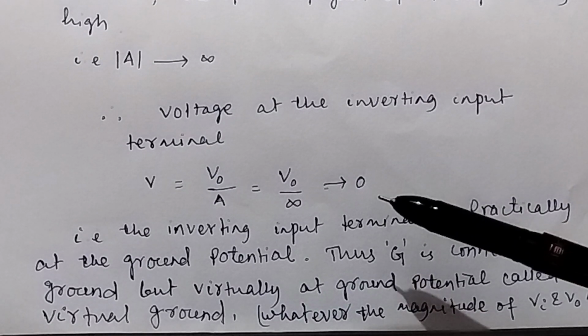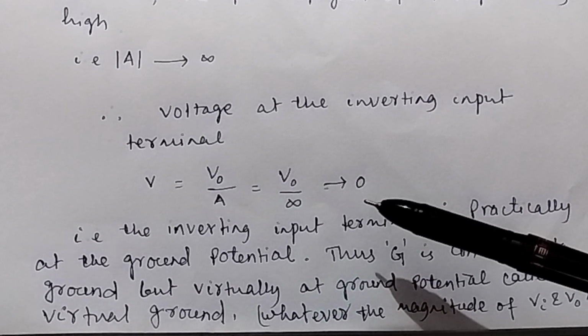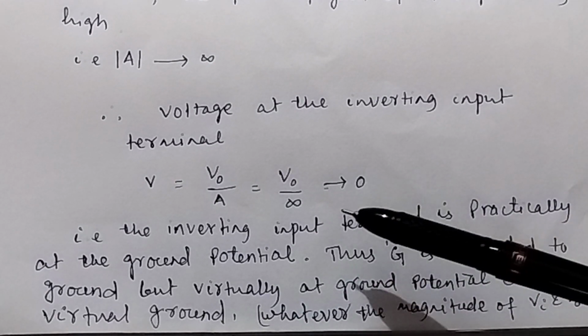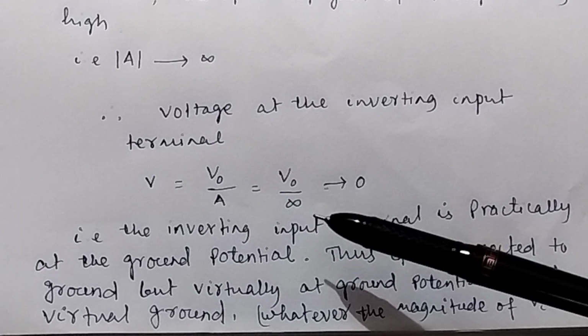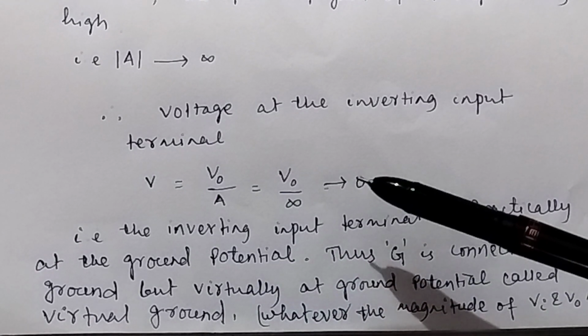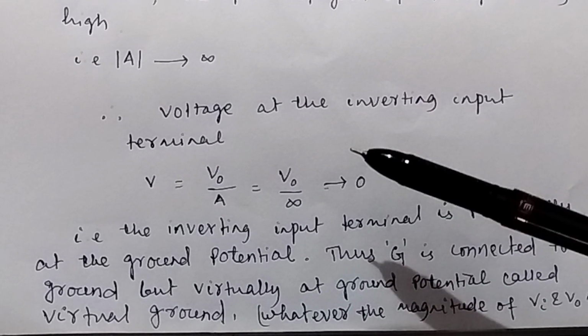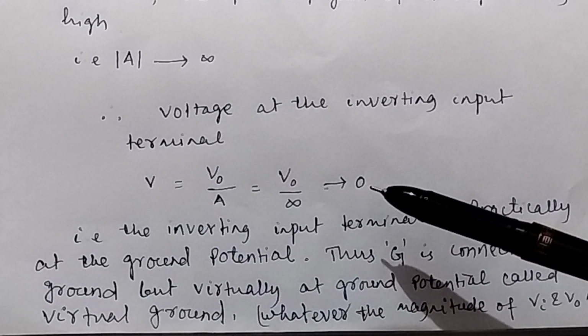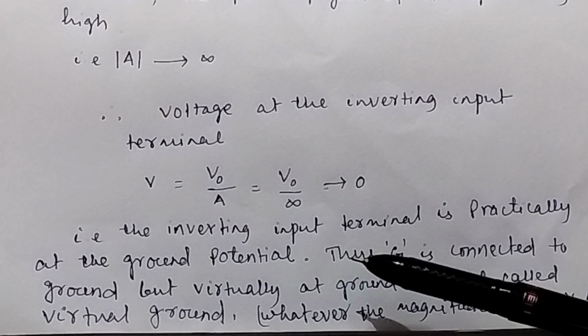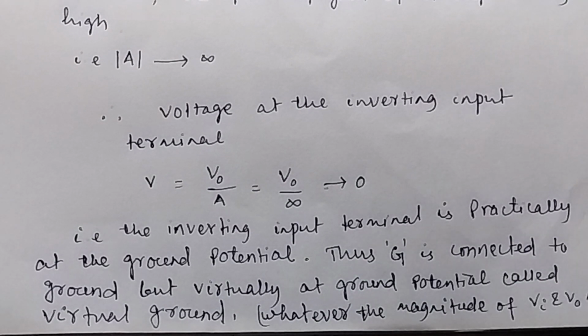But here you have not connected the circuit to the ground, but the voltage at the inverting input terminal is equal to 0, because the gain is very high, that is infinity. So the inverting input terminal is practically at the ground potential.